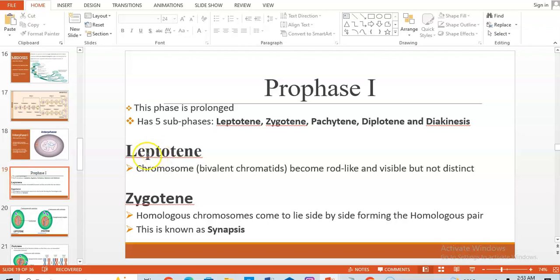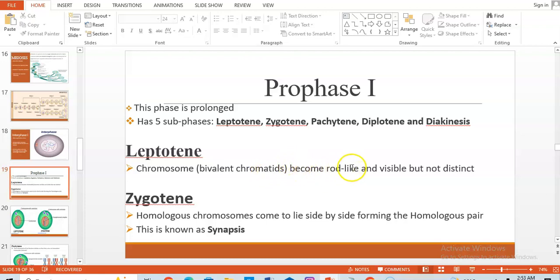What happens at leptotene is just what happens at early prophase in normal mitotic division. The chromosomes are already bivalent, and what causes them to be bivalent is DNA duplication. So they become bivalent, joined together by the centromere, but they are not distinct yet.